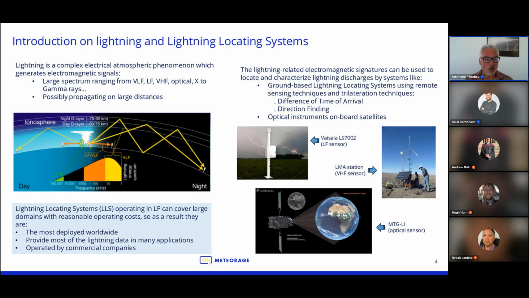As a result, they are the most deployed worldwide. They provide most of the lightning data in many applications, based on low frequency lightning locating systems, and they are operated by commercial companies like METEORAGE and some others in Europe and worldwide as well.